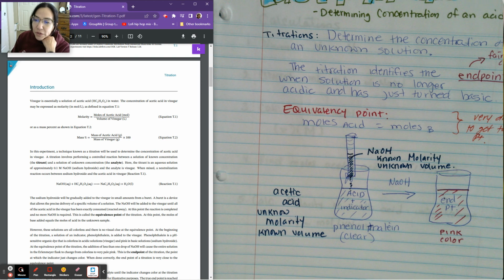Well, molarity is the form of concentration, and that's what we're looking for. So we're looking for the molarity of acetic acid, and that molarity is going to be moles of acetic acid divided by the volume of the vinegar. Vinegar is the aqueous form of acetic acid.